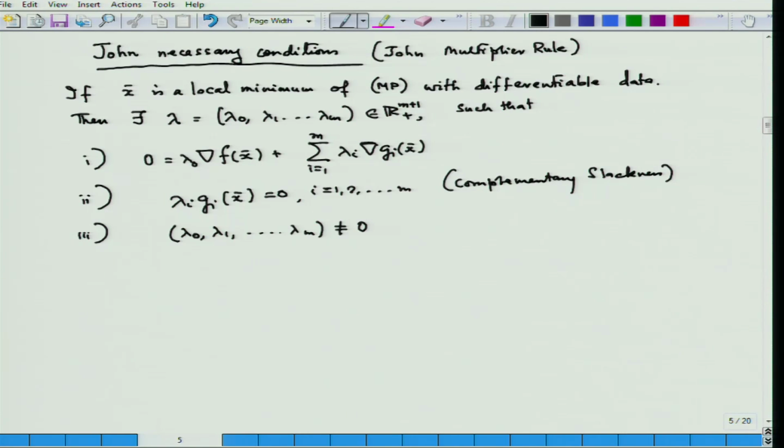So, what does this fact say? This fact and this fact combine. It says that if x bar is a local minimum, then you must be sure of one thing, that this is a set of linearly dependent vectors.